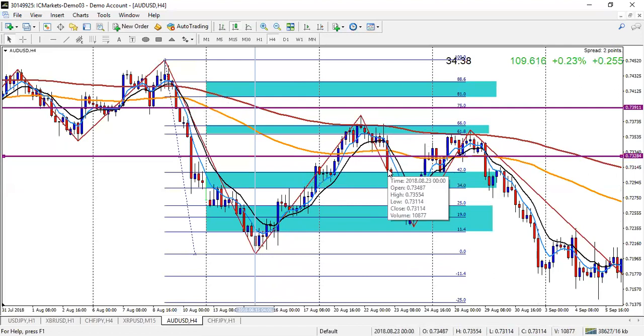It goes into it and tries to go back up, but it got resisted.